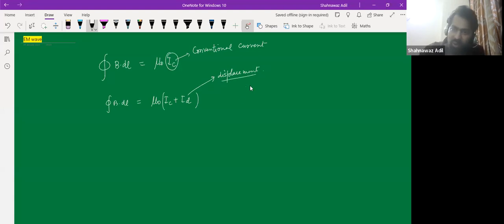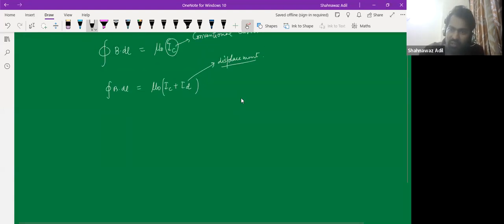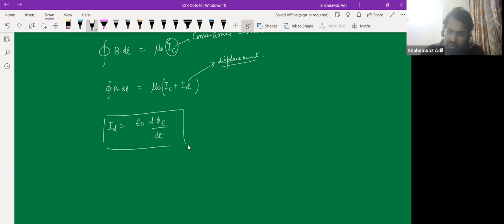And how much was this thing? So this displacement current was epsilon naught d phi E by dt. This is the displacement current.